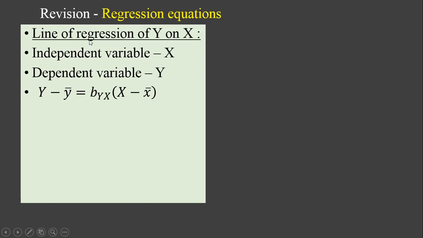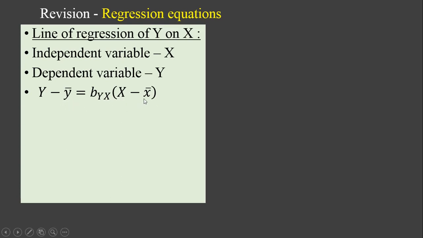The equation of line of regression of y on x is y minus y bar is equal to byx into bracket x minus x bar. It is similar to the equation of line y minus y1 is equal to m into bracket x minus x1.